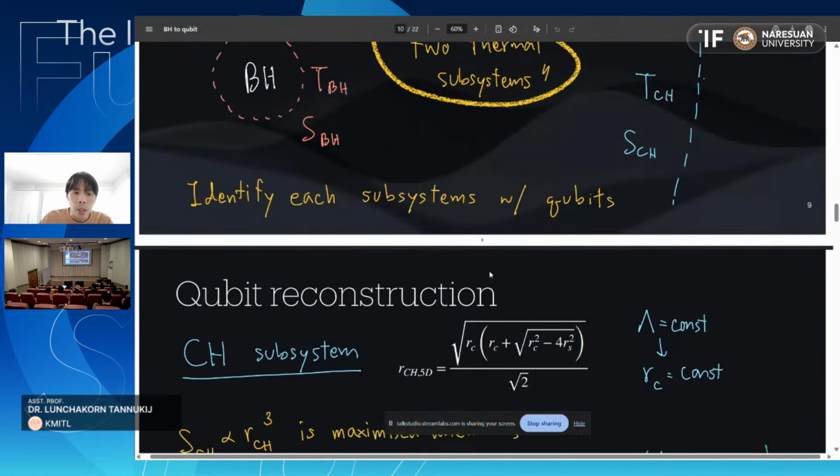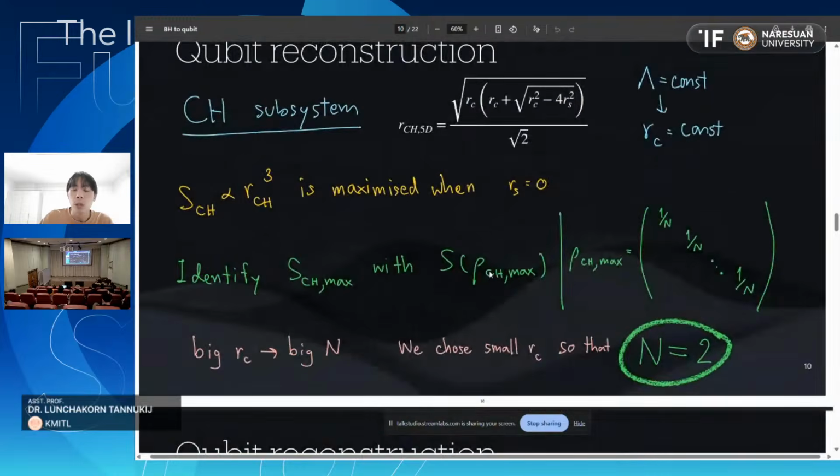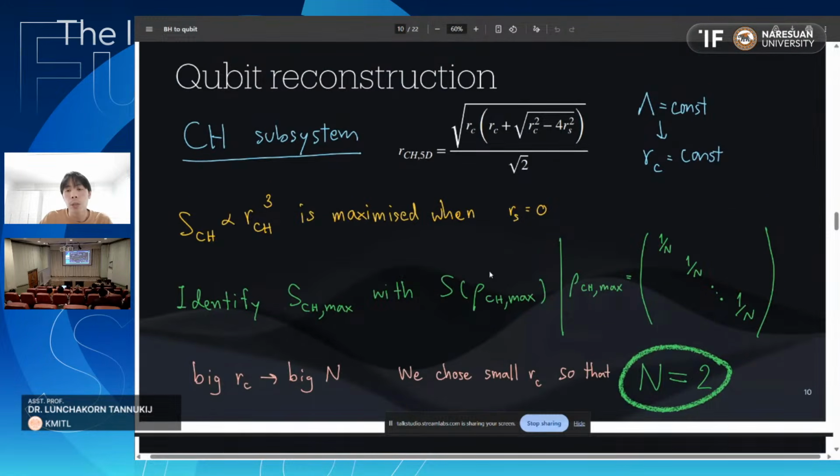Okay. Then to do such a reconstruction, I'm going to start with the cosmological horizon subsystem. So this is the horizon radius, which is given by the predefined parameters RC and RS right here.